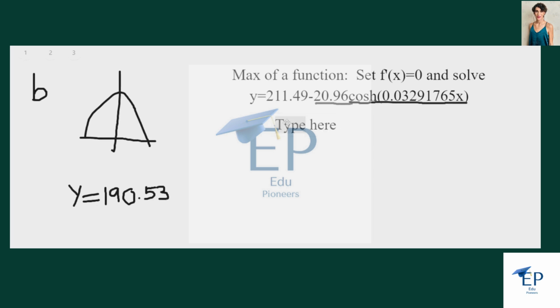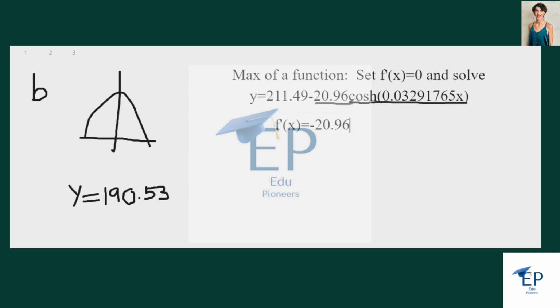So we're finding the derivative of our original function, f prime of x. This 21.49 is just 0, we're not going to worry about it. The derivative of the first, that's in green, is 0. So we're going to move on to the second part of the chain rule, which says first times derivative of the second, which is in blue.